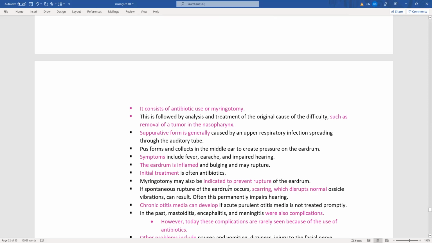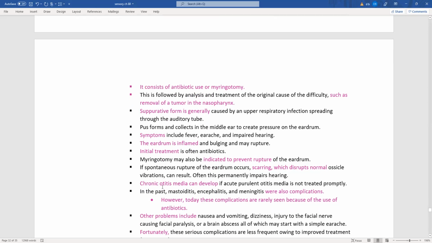If spontaneous rupture of the eardrum occurs, scarring, which disrupts normal ossicle vibration, can result. Often this permanently impairs hearing. Now, chronic otitis media can develop if acute purulent otitis media is not treated promptly.